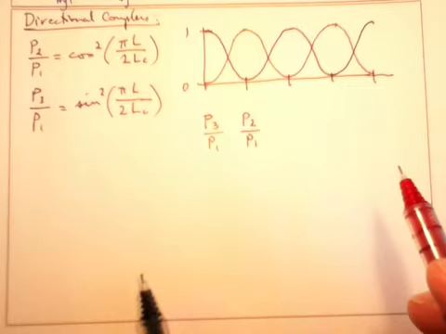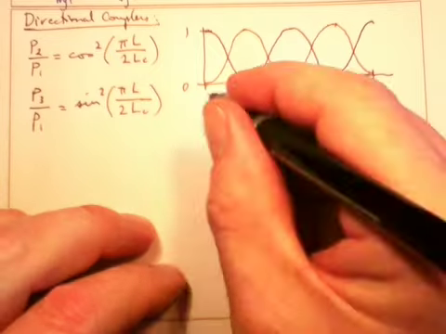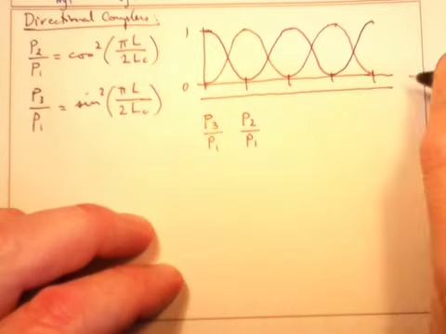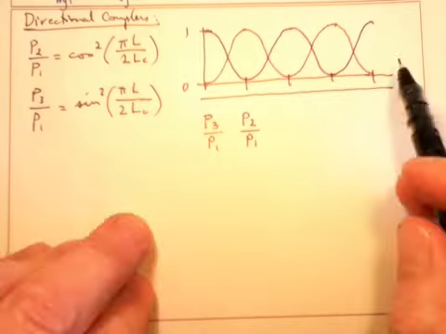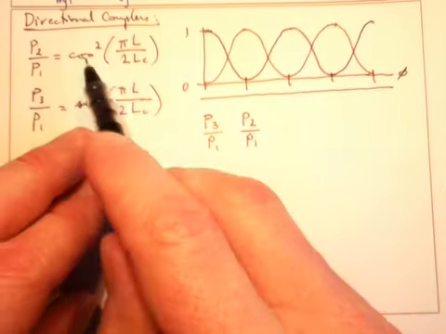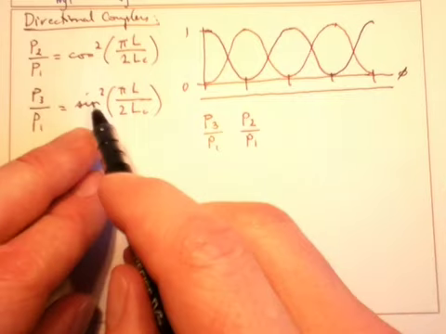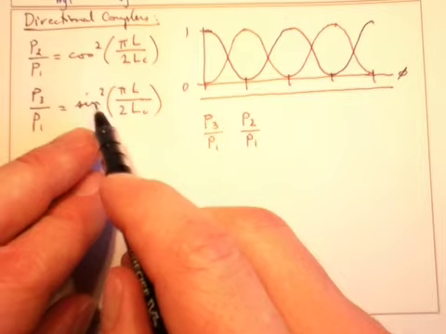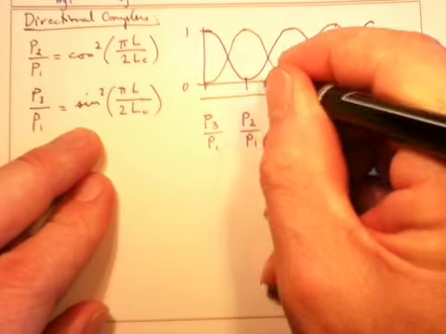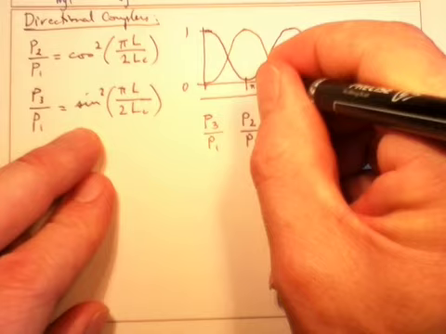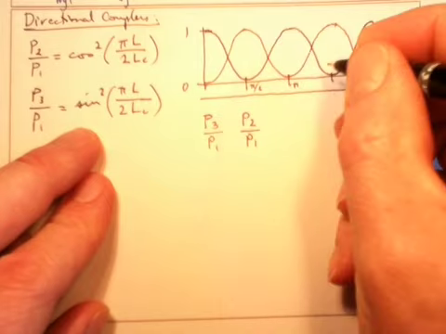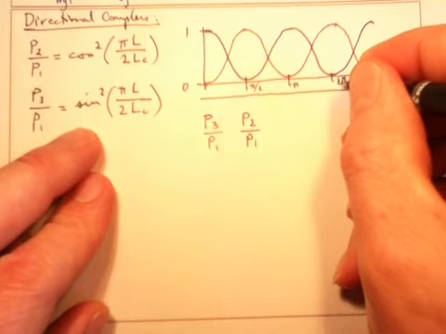I can label this horizontal axis either with the phase angle phi, and we know that the sine squared and the cosine squared have a period of pi, right? And so half the period is pi over 2, full period is pi, 3 pi over 2, and 2 pi.